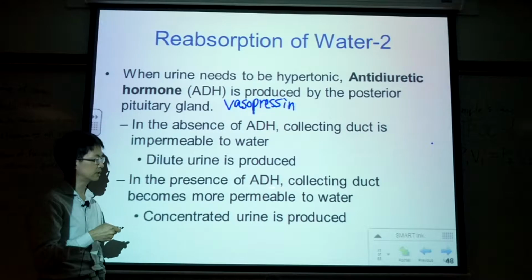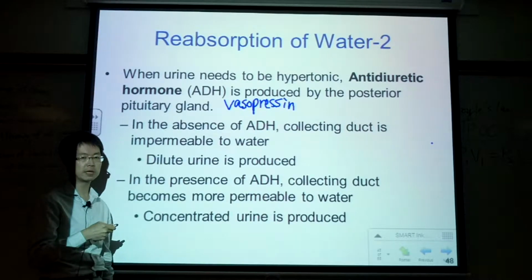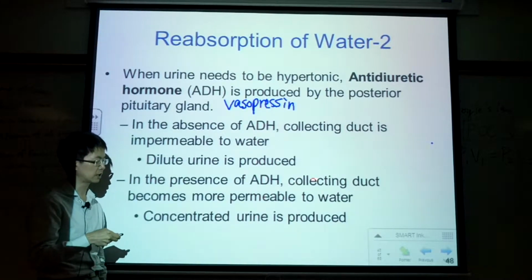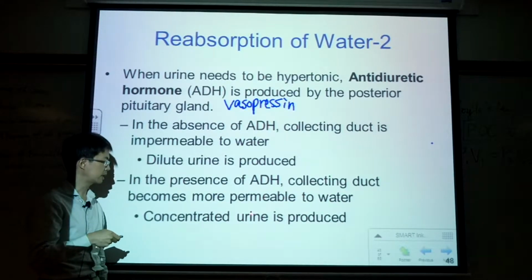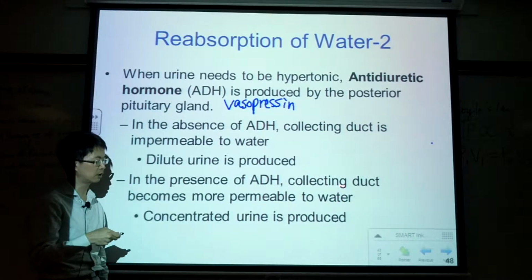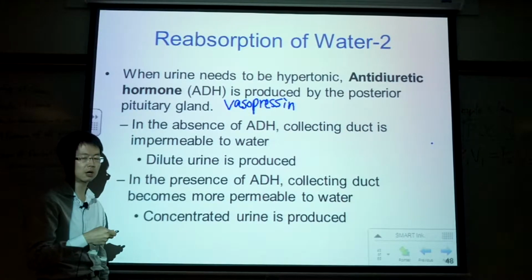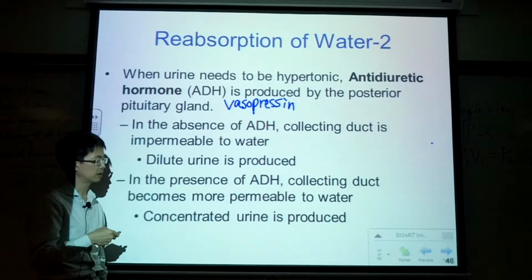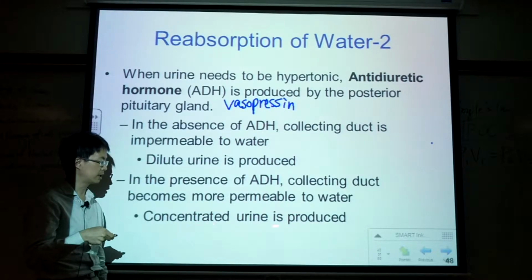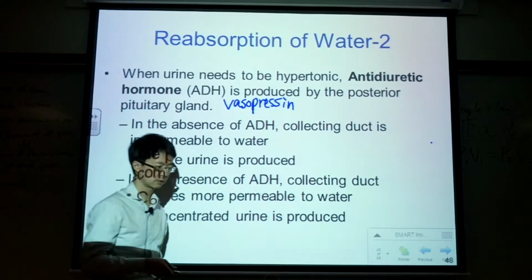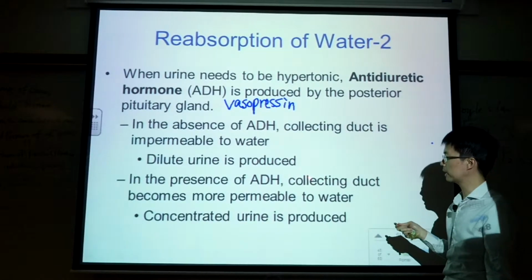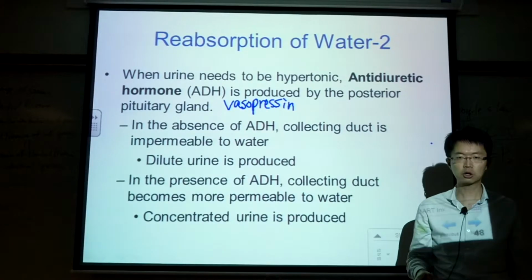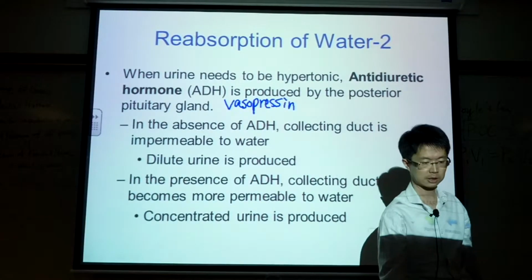When ADH is secreted, the aquaporin will be inserted into the collecting duct, making it permeable to water, and then water can go from your collecting duct back to the vasa recta or the peritubular capillaries. In this case, you will create a more concentrated urine. So the ADH or vasopressin acts on the collecting duct, causing the insertion of the aquaporin into the collecting ducts.